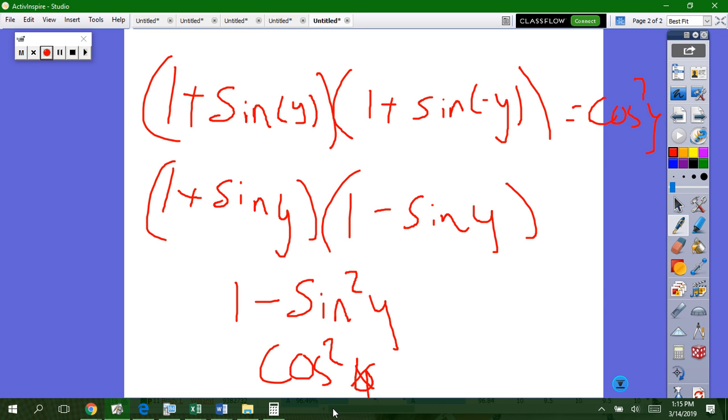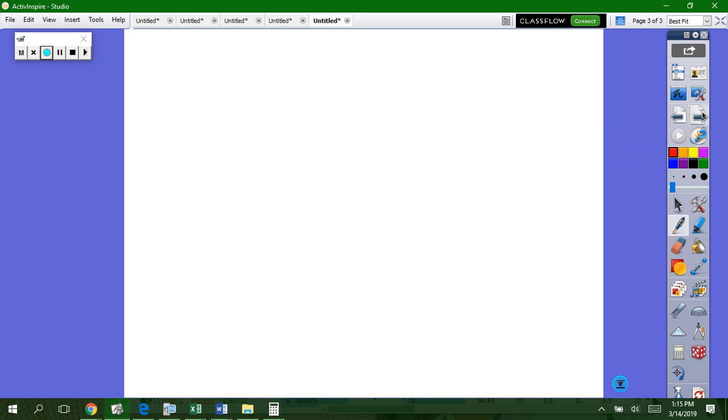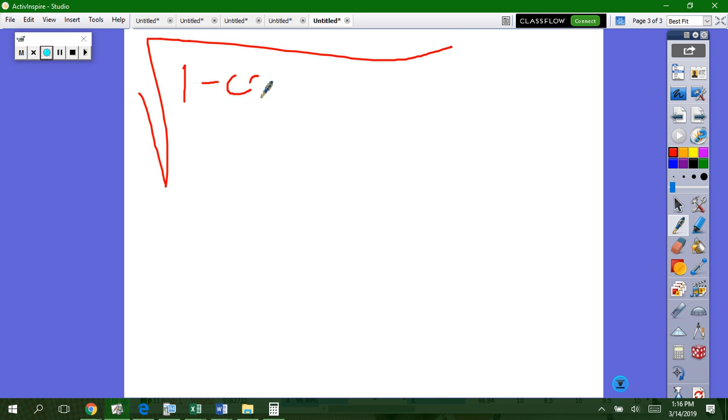Hey, pick another one, Miss Kelsey. $34. I knew that one was coming up sooner or later. 1 minus cosine over... And I know what it equals.